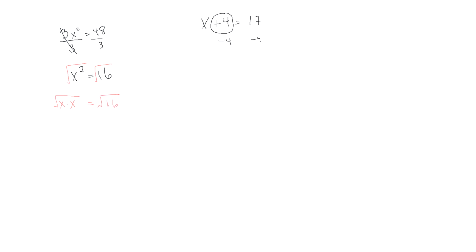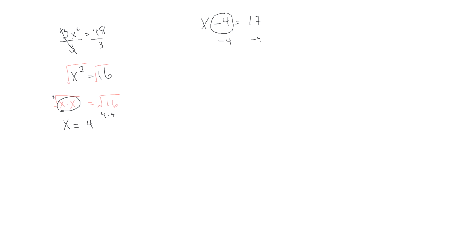So the x comes out because I have a pair of these. So my x is now free, single, and ready to mingle. And the square root of 16, because you memorized them so long ago, 4 times 4 is 16, so x is 4.